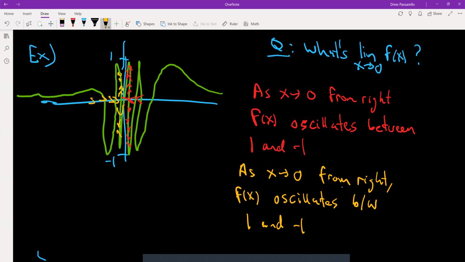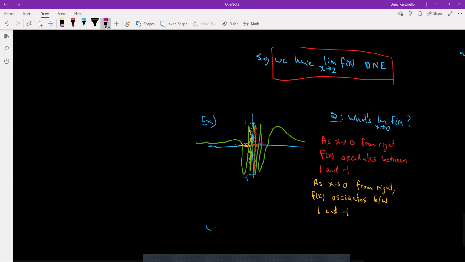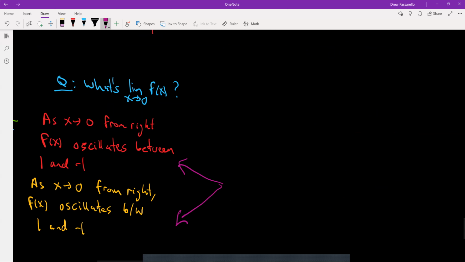The point is that you have this oscillation between two values. It's not a single value. So since it oscillates between two values and not a single value, then the limit doesn't exist in this case either.